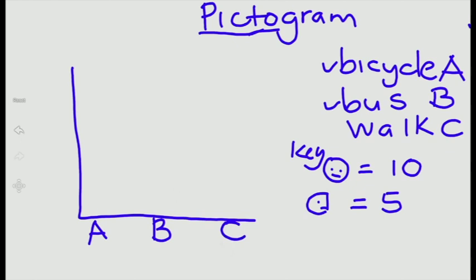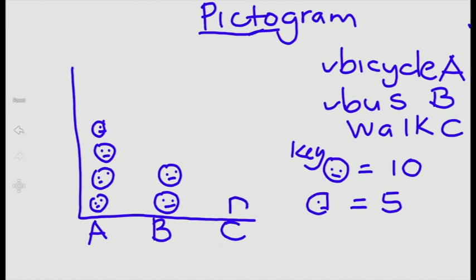For a pictogram, maybe over those who are using bicycles, I can have this number of faces and have half a face, right? And over here, I've got 2 full faces, and here I've got half a face.